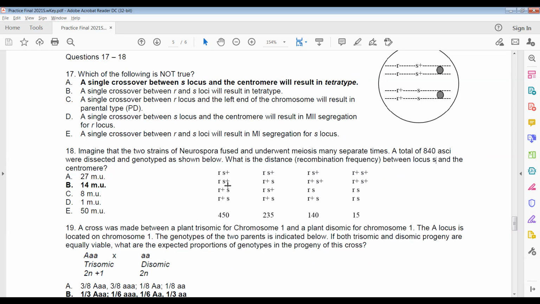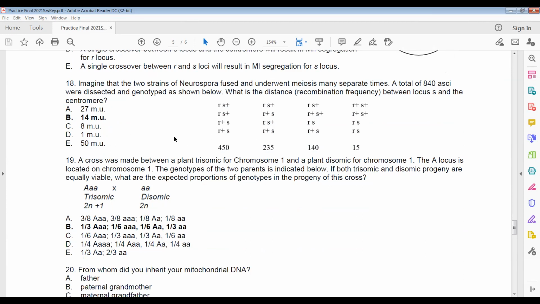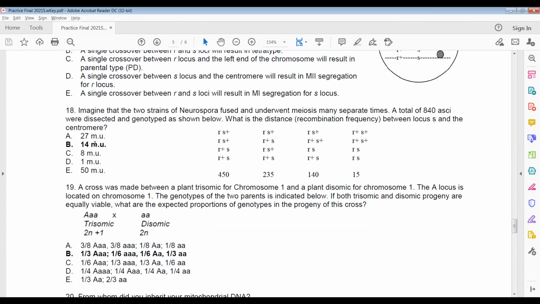So that's the M1 type. The second column is the only M2 pattern. The third column is still M1 pattern when we just look at the S locus. The fourth column is still M1 pattern. So only the second column is M2, and then we can easily use the formula to calculate the distance between S and the centromere, right?